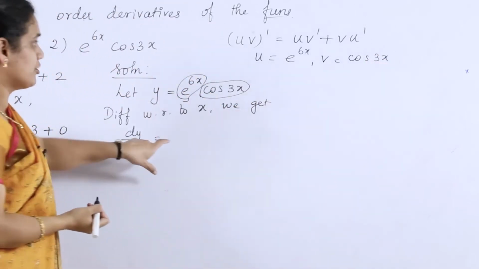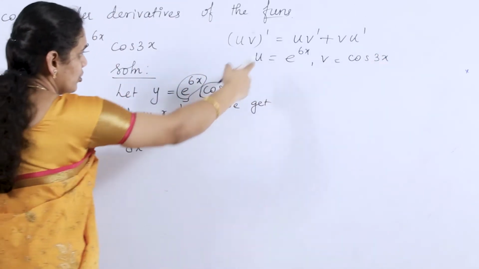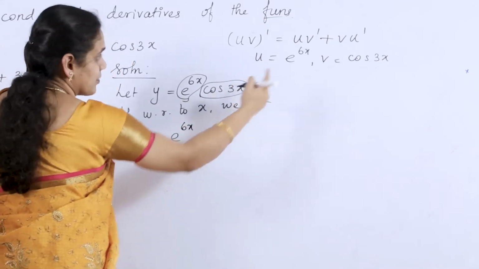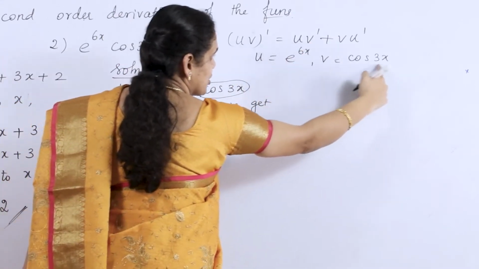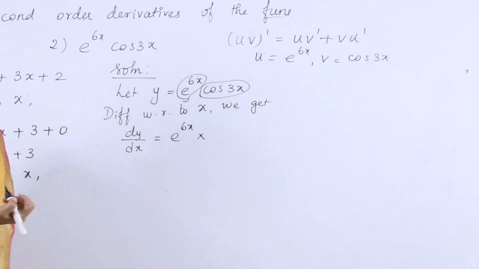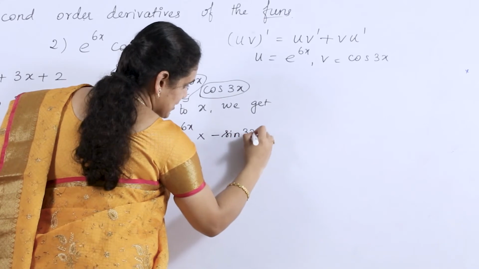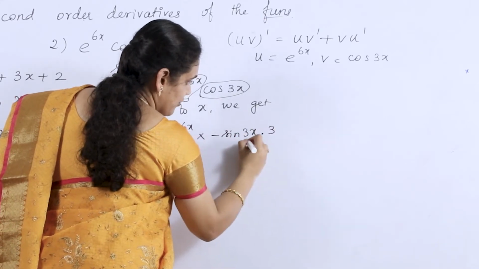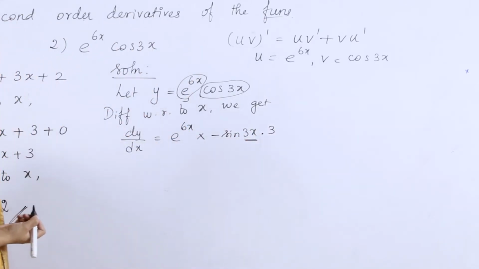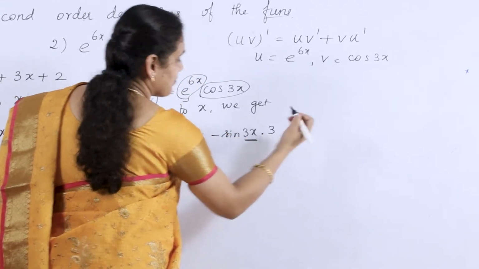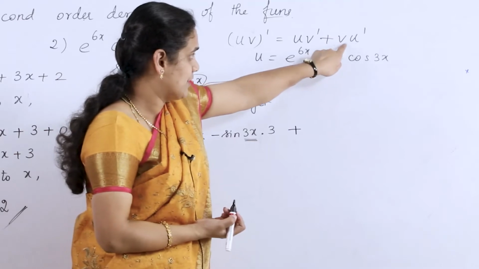Okay, so I'm going to do it straight away here. You keep u constant, e to the power 6x into v dash, differentiating this one. So cos derivative is minus sine, so minus sine 3x into 3, because we have to differentiate this 3x again. Alright, so chain rule. So minus sine 3x into 3, then plus, keeping v constant and we differentiate u.